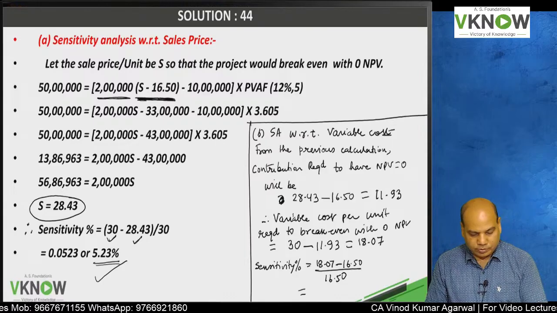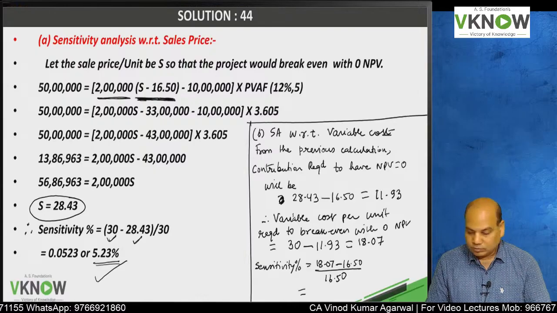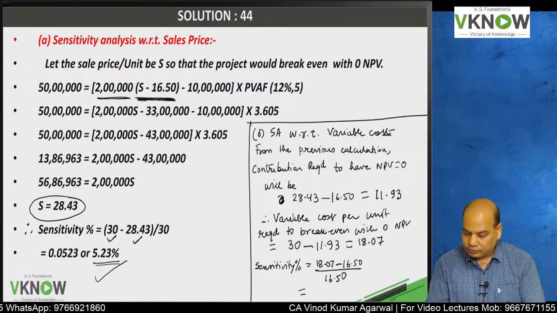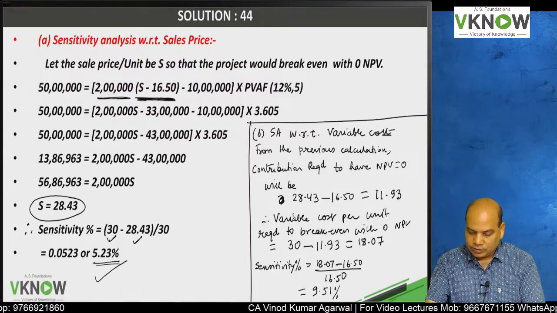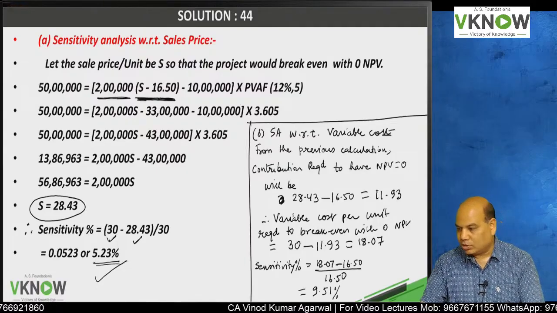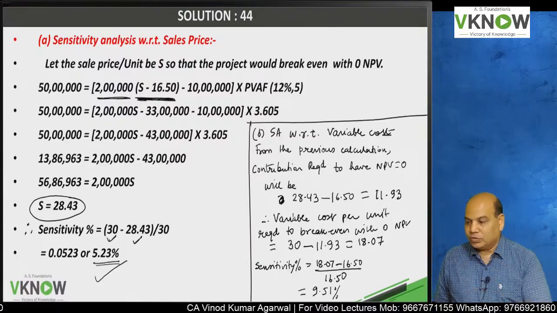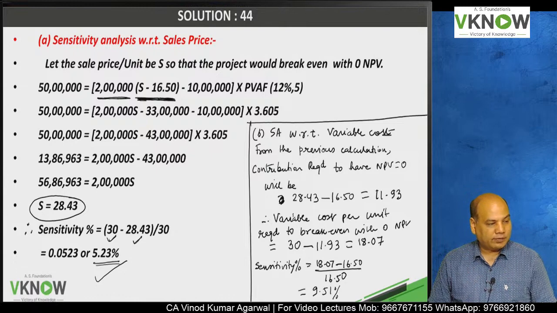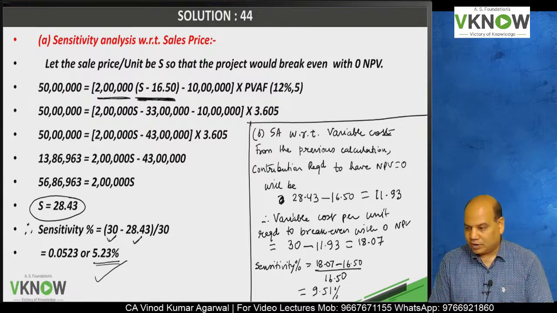Is it 9.51%? Yes, 9.51 is right. So whenever selling price and variable cost per unit is asked in questions like this, the variable cost part can be done faster.